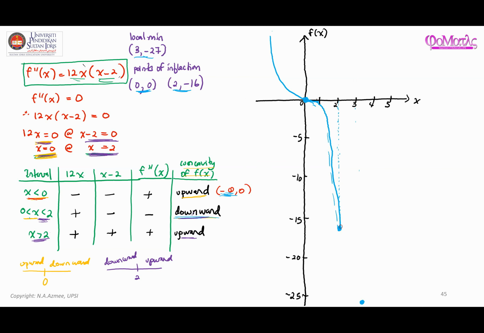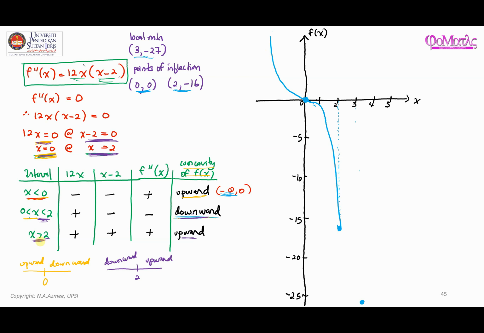Something like this. I think this should be alright. Okay, so something like that. Next, just give me a second to get it really right. Okay, so this is concave downward. Okay, I hope you can see why this is concave downward and this is concave upward.